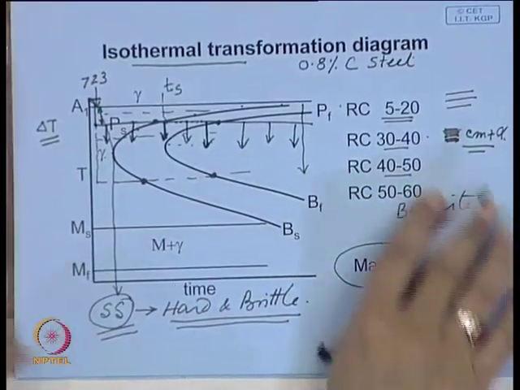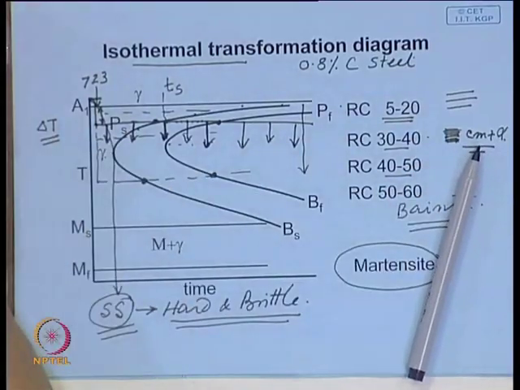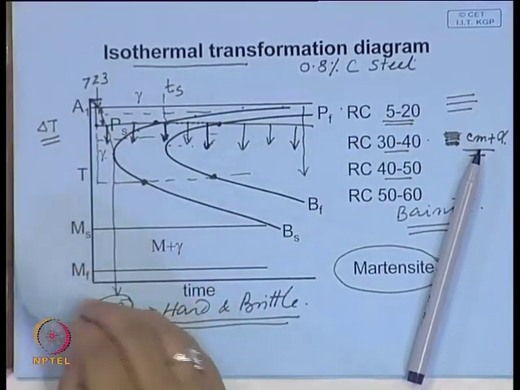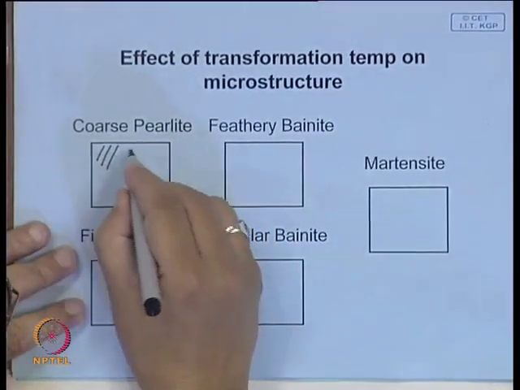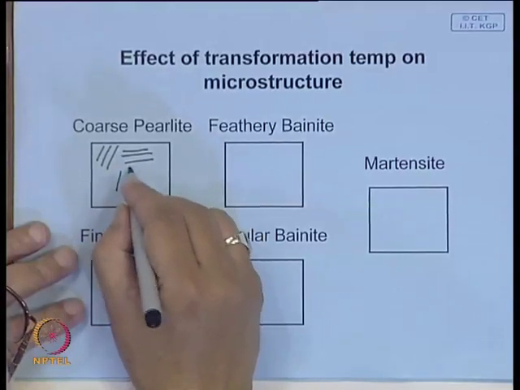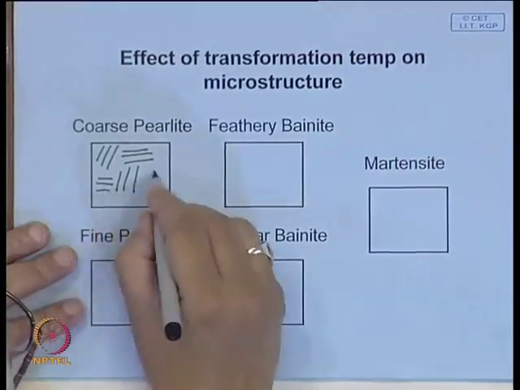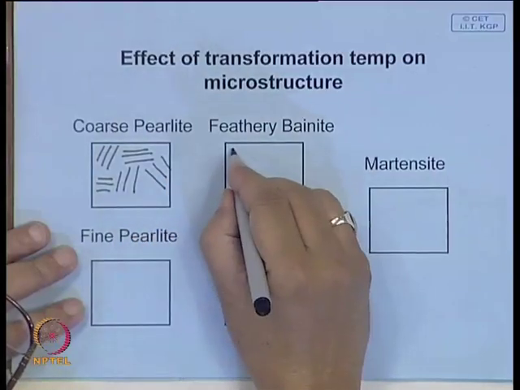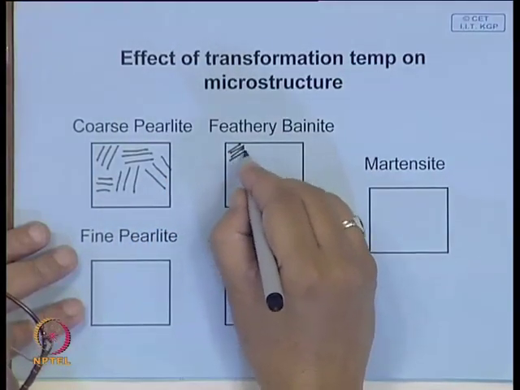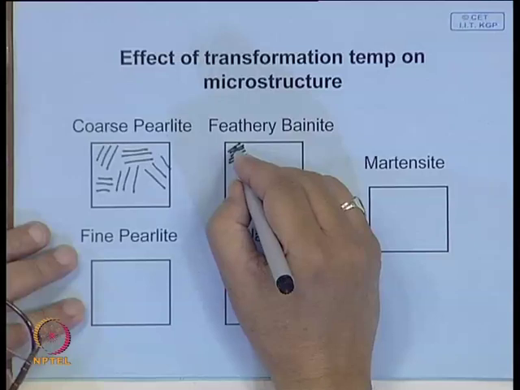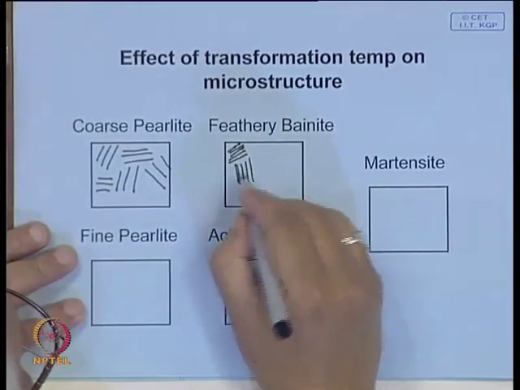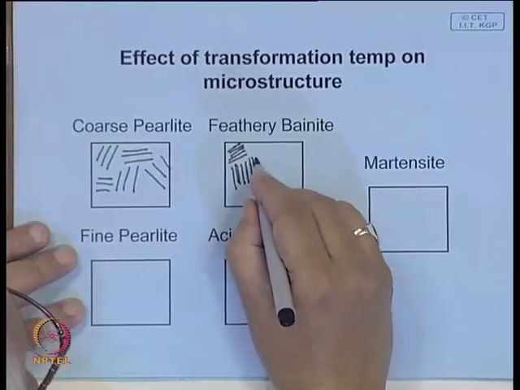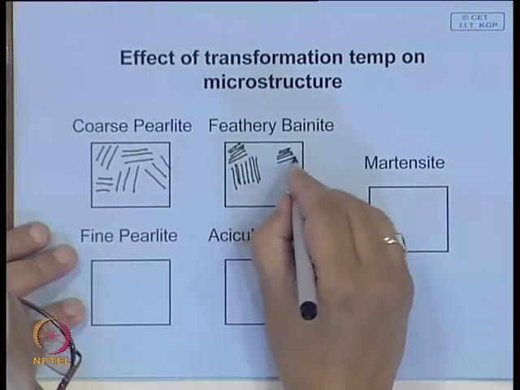And now, let us quickly look at the little differences in this. We have just seen coarse pearlite, these are pearlitic structures, coarse pearlite. In fine pearlite the plate distance, cementite to cementite plate distance, will be much smaller, something like this.